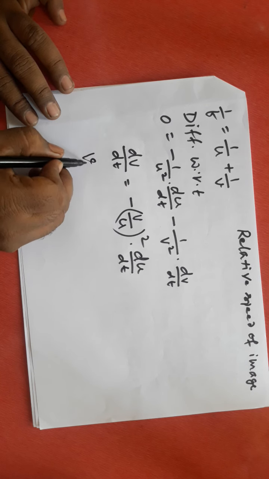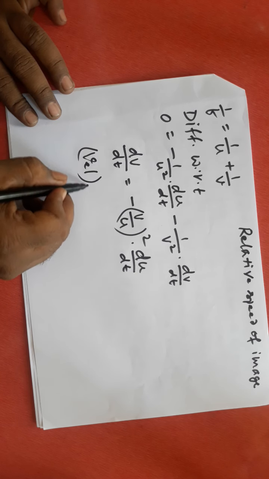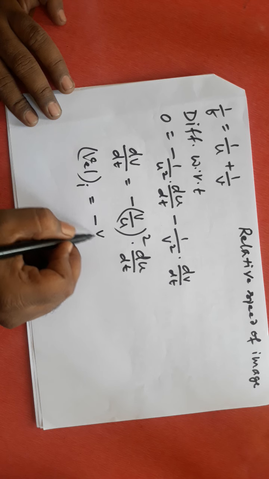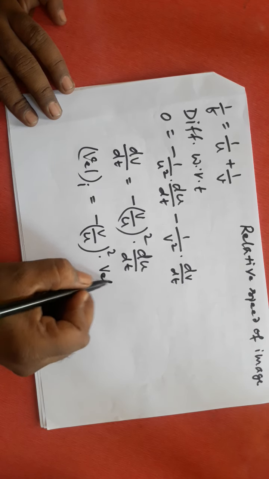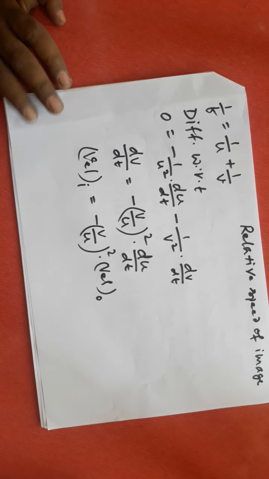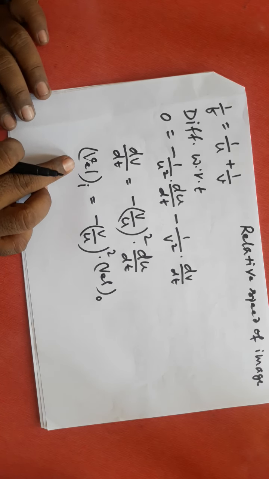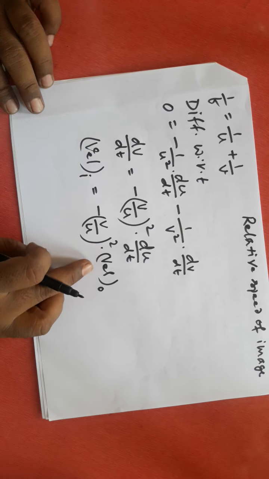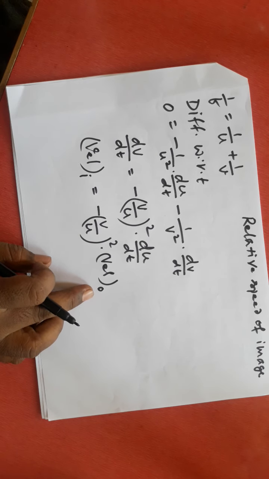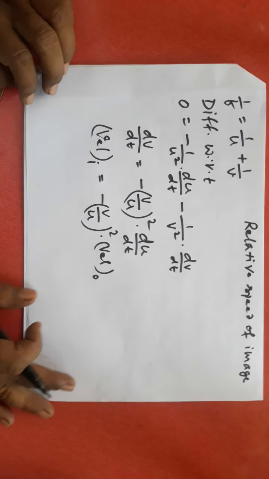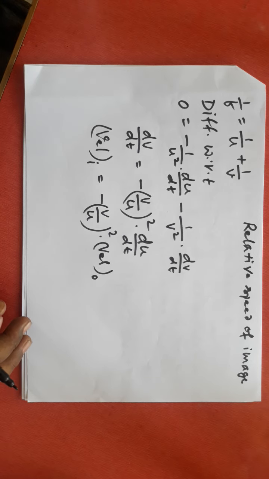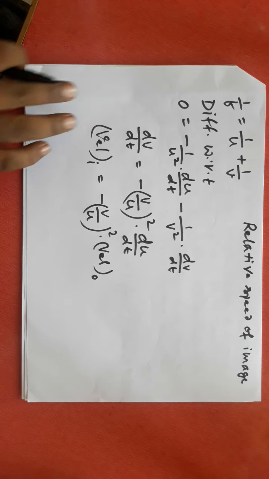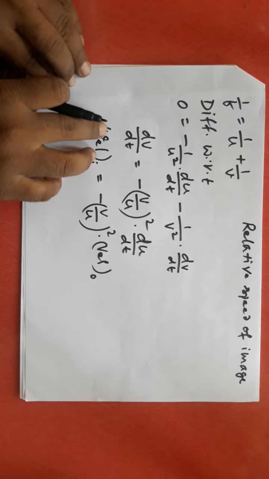Remember, velocity of image is equal to minus (v by u) whole squared into velocity of object. These are the important formulae you have to remember about the mirror equation, and this is the relative speed of image.